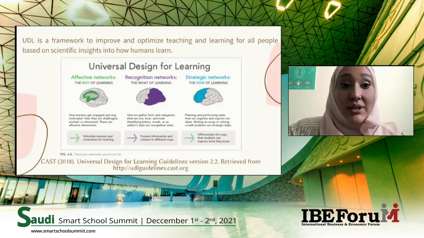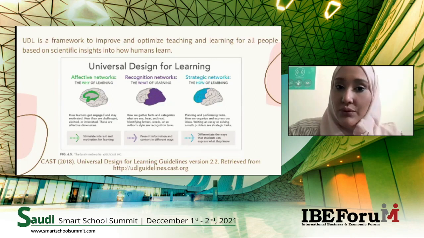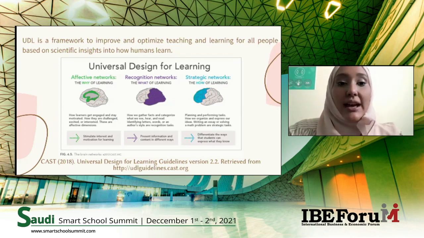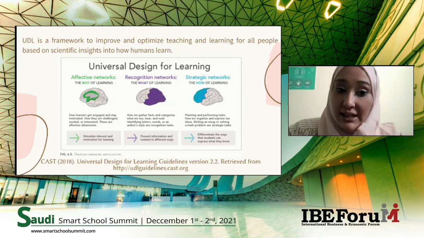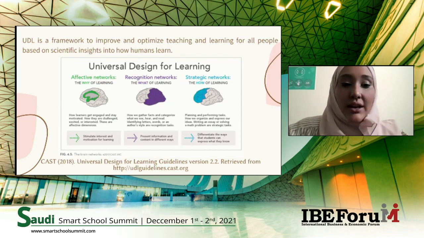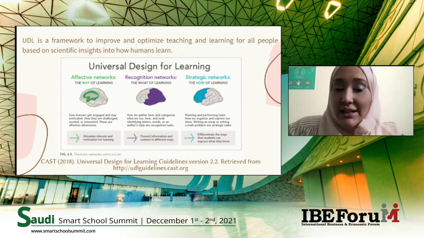UDL is a framework that is used to improve and optimize teaching and learning, and is based on scientific insights into how humans learn. It talks about how humans learn in terms of the different networks in our brains. So we have the affective networks, which are the why of learning, focusing on how learners engage and stay motivated.